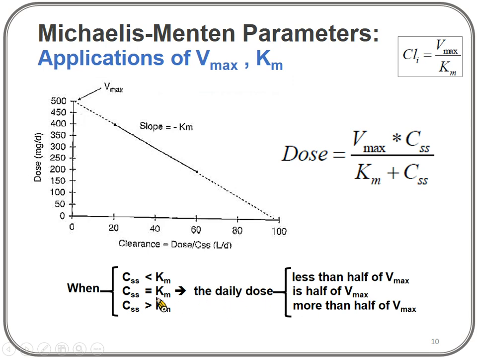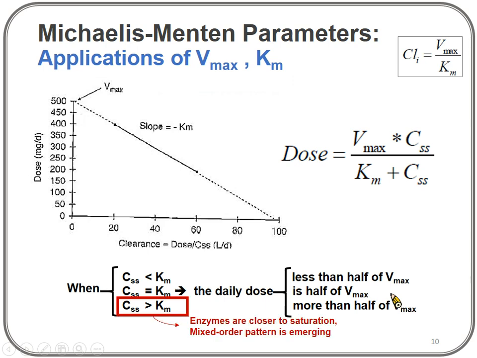And when the steady state concentration under the given regimen is less than Km, then that means there is a far way to go, and the metabolism toward its limit zone is still less than half of the Vmax.